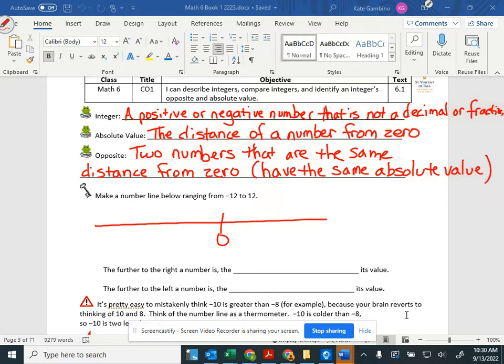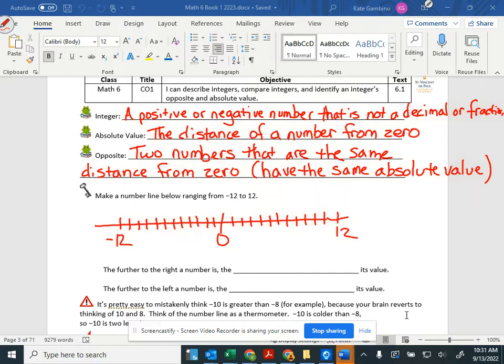So if we make this number line going from 0 to 12, and from 0 to negative 12, we can see positive 12 and negative 12 are both 12 spaces away from 0. So they are opposites from each other.